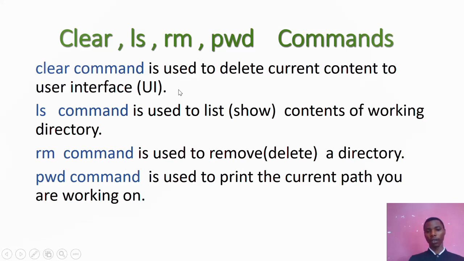Our user interface is Git Bash. ls means to list or show the content of the working directory. rm is to remove a directory or delete. pwd is used to print the current path you are working on.